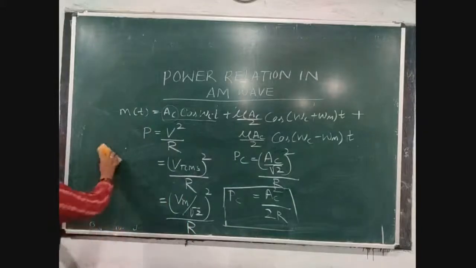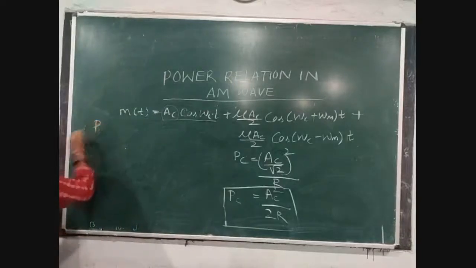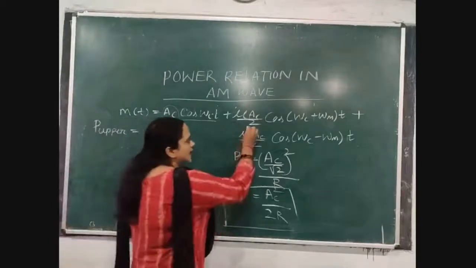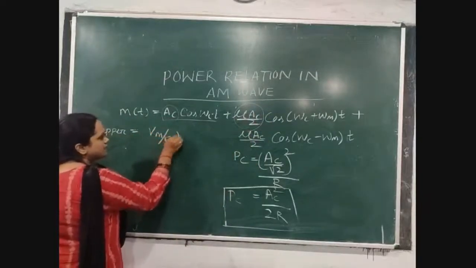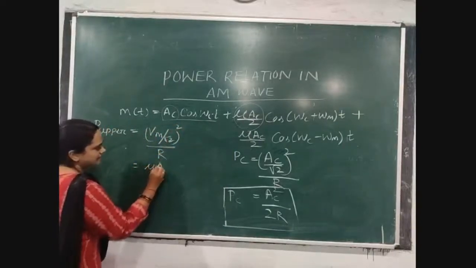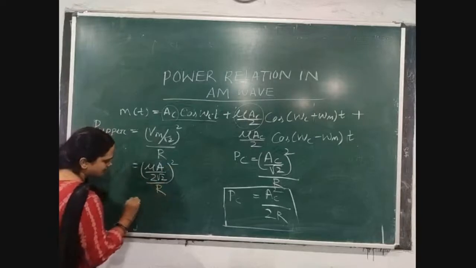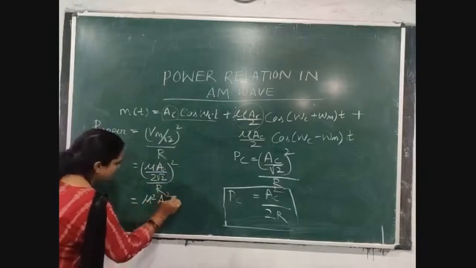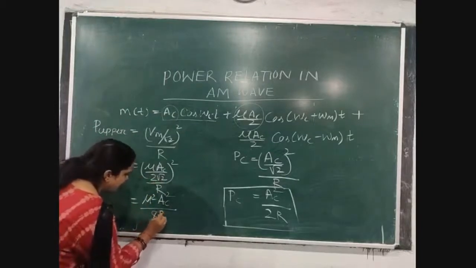Next, the value of P upper side band. Here the amplitude is this, so Vm by root 2 whole square by R. So mu Ac by 2 root 2 whole square by R. Then mu square Ac square, and here we get 8, that is 8R.